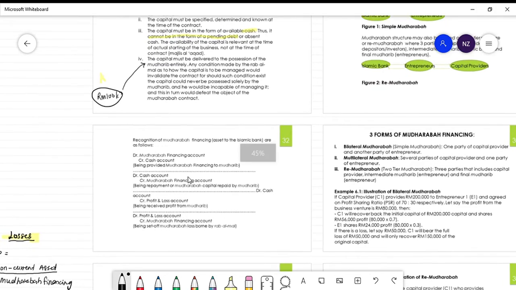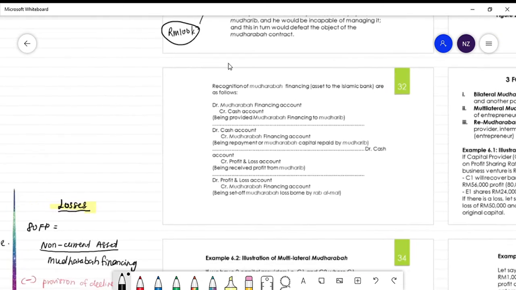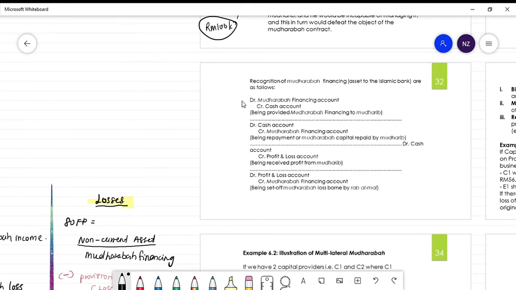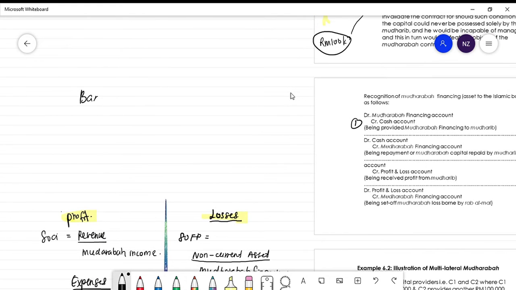Now we go to preparing the journal entries for all of the transactions for these three parties' profit. As usual, for the first journal we need to record the mudharabah financing with the mudarib. Okay, let me directly make the structure. Earlier, the bank makes a contract with the mudarib.